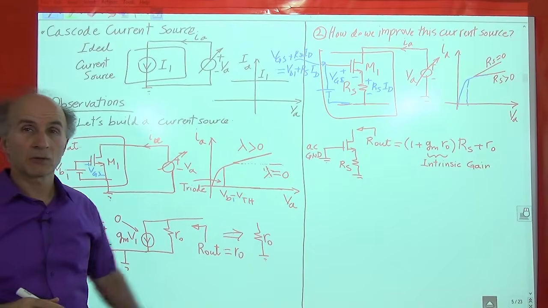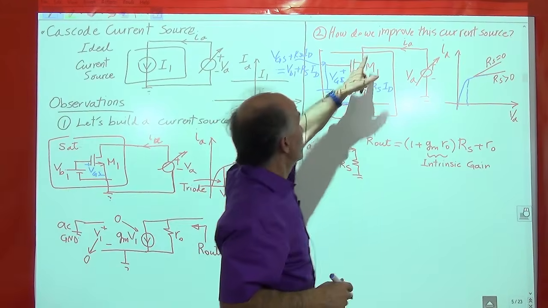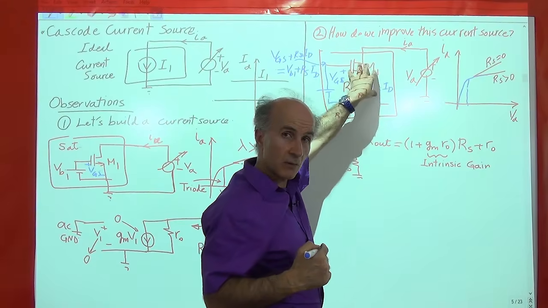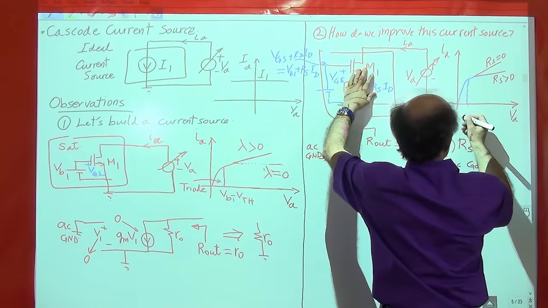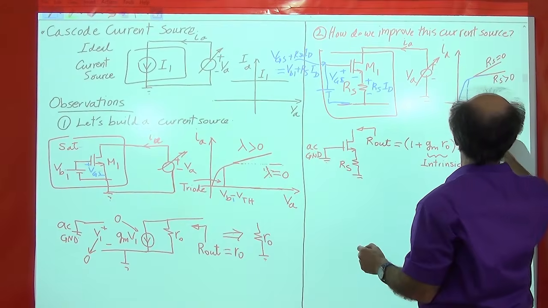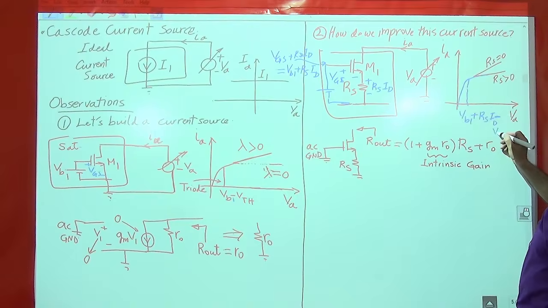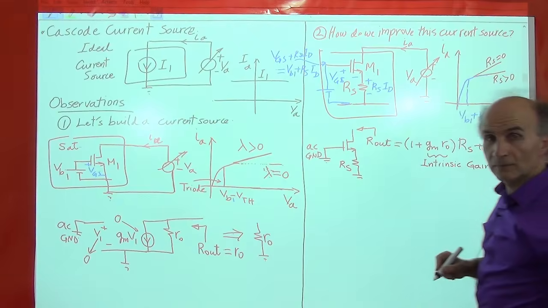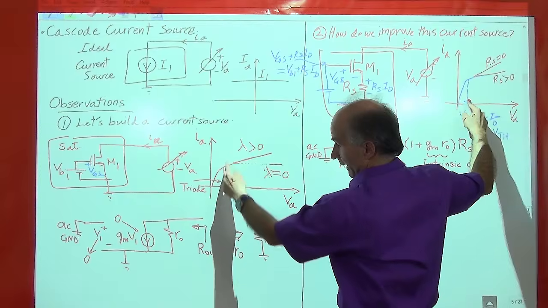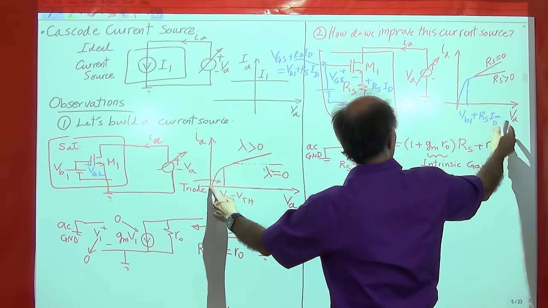So what we see is that the gate voltage is now higher by an amount equal to RS ID, which means this drain cannot come down as much as before. The voltage at which this current source begins to collapse is now given by VB1 plus RS ID, and then we subtract from it a threshold voltage, right, minus VTH. So the difference between this characteristic and this characteristic is that the breakpoint, so to speak, is lower in this case than in this case by an amount of RS ID.